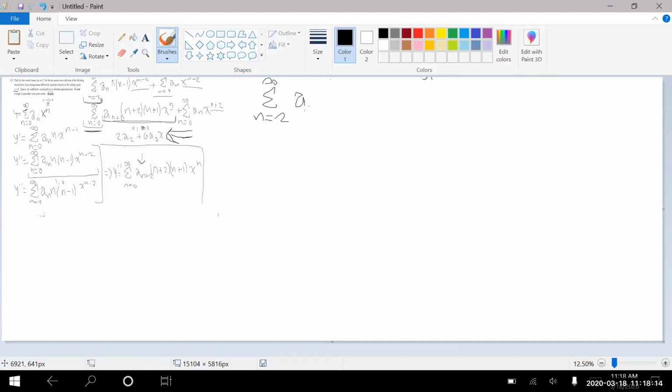So we have a sub n plus 2, n plus 2, n minus 1, x to the n, and then we can't forget these terms, so we have to add them back in. So plus 2a2, and then plus 6a3 with that power of x. And we still have this second summation term, so we're going to go ahead and include that as well.